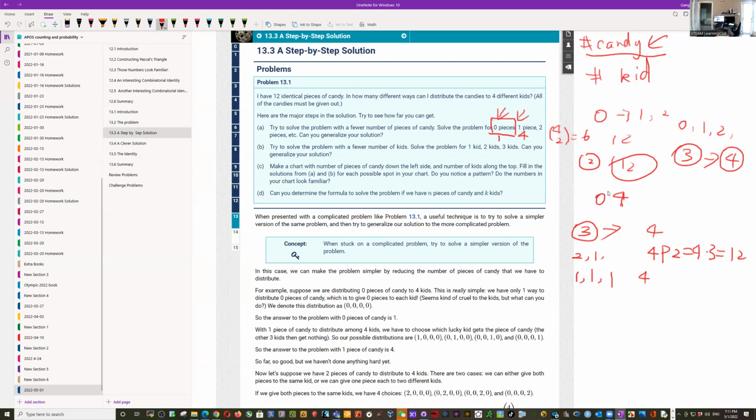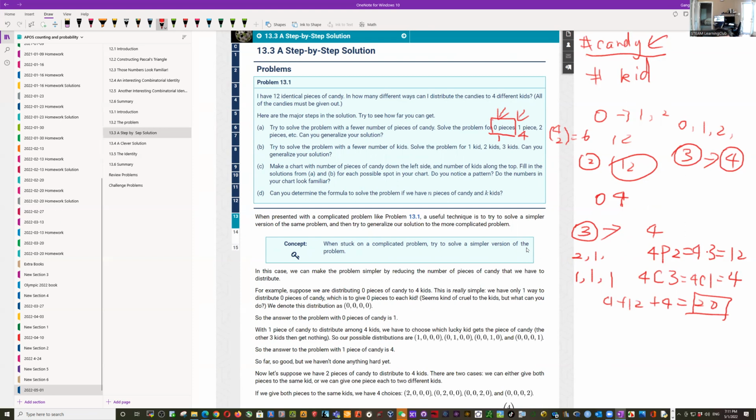So it's 4 choose 3, which equals 4 choose 1, which equals 4. So that has 4 ways. So 4 plus 12 plus 4 equals 20. I have 20 ways of doing it.